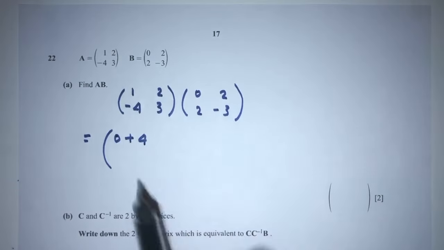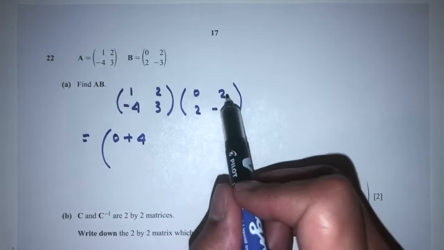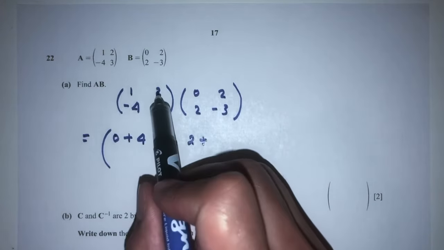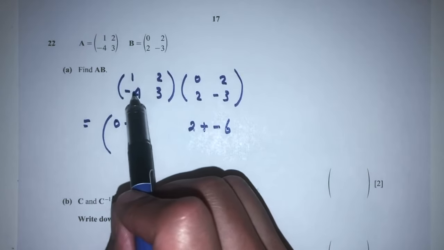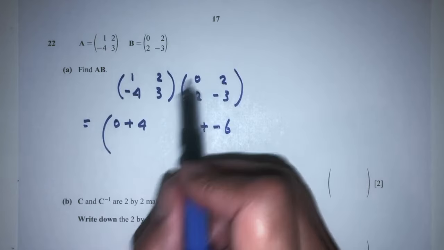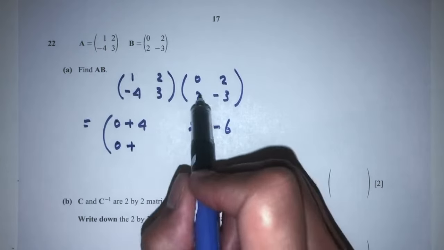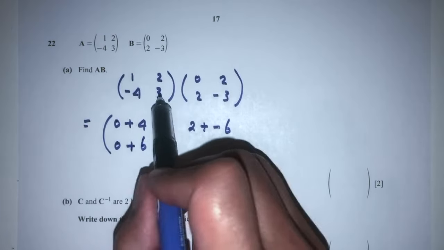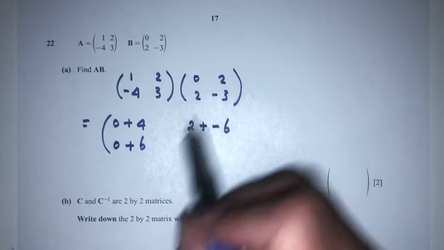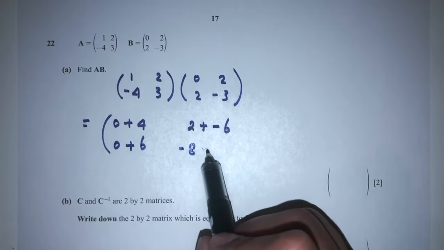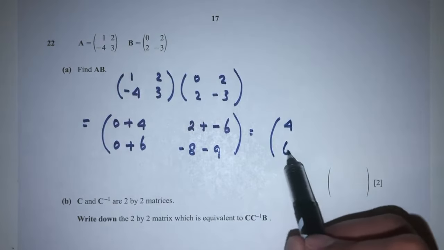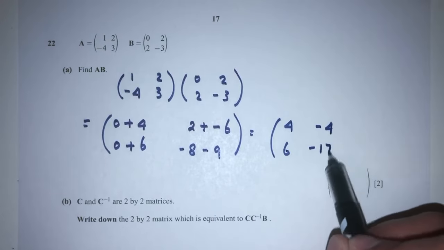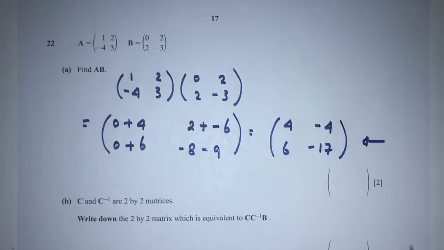Row by column, 1 times 2 is 2, plus 2 times minus 3 is minus 6. Now for this one, row by column, minus 4 times 0 is 0, plus 3 times 2 is 6. Row by column, minus 4 times 2 is minus 8, and that will be minus 9. Simplify, that will be 4, minus 4, 6, and minus 17 as your answer.